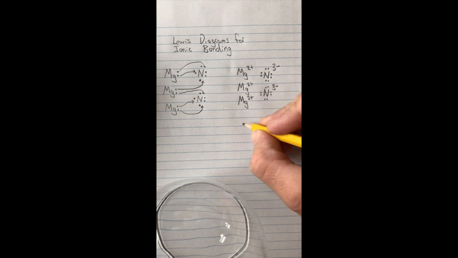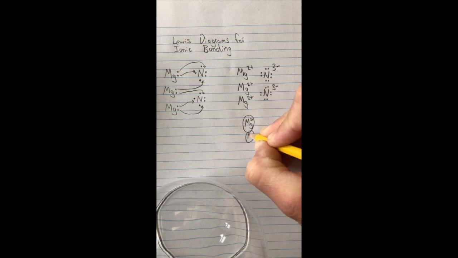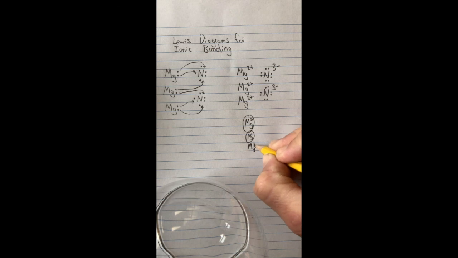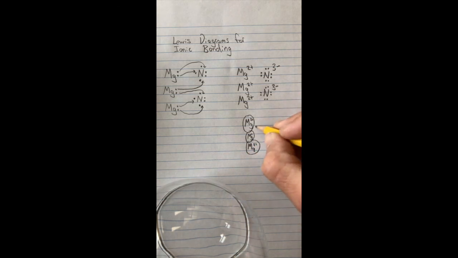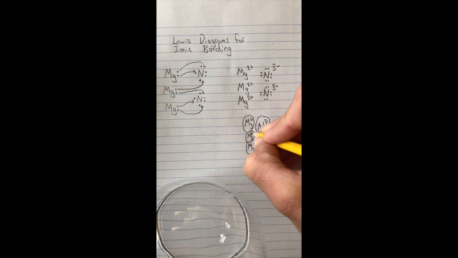If you were to draw a particle diagram, you might draw those magnesium ions. And they are attracted to those nitrogen ions because of their opposite charge. So they all stick together because they are opposite charges.